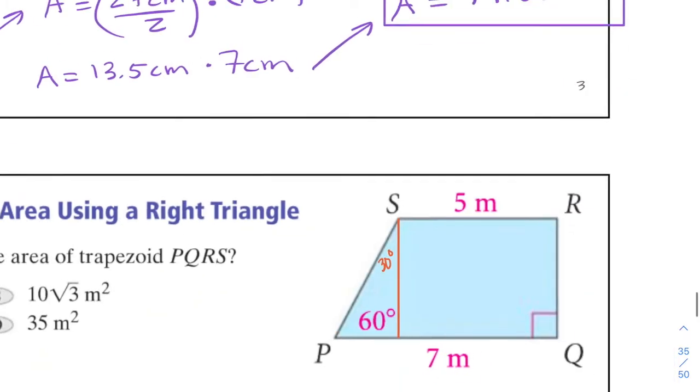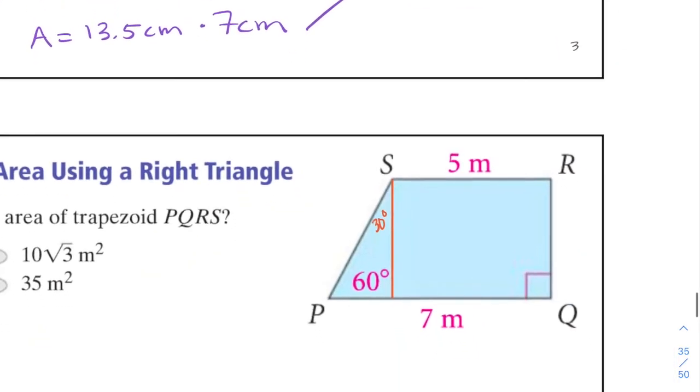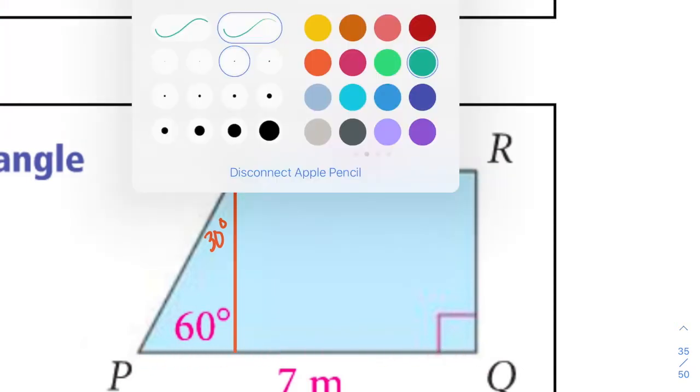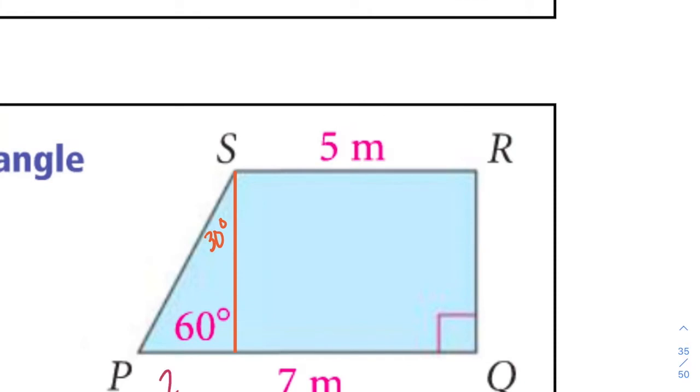Okay, so now if you notice, this is a length of 5, this is a length of 7. So let's get rid of 7. Let's break 7 into 5 and 2. So right here we have 2 centimeters, and I'm going to get rid of this and make this one 5 centimeters.